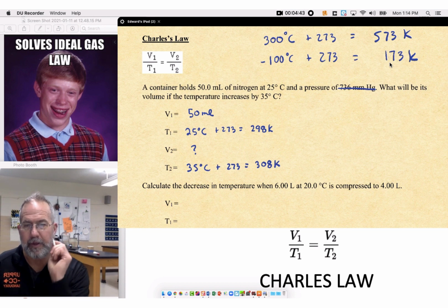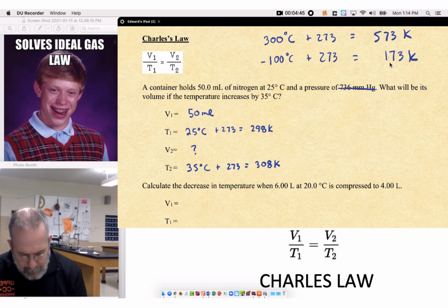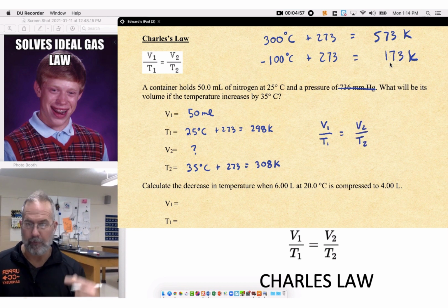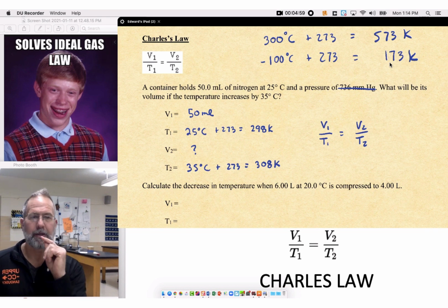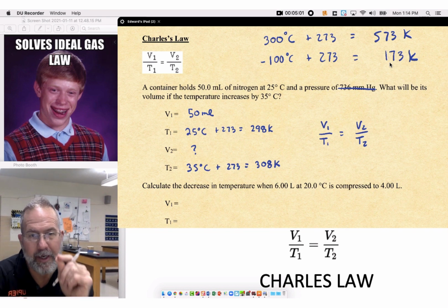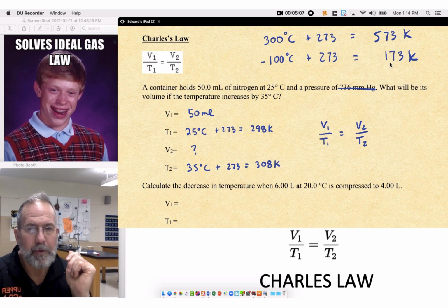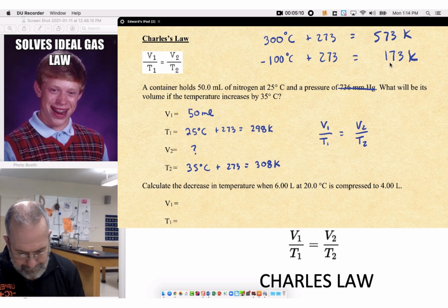Now, the formula is not the same as Boyle's law, right? This is going to be a direct relationship. So we have V1 over T1 equals V2 over T2. We're going to use the same idea as we did before when we want to isolate the unknown. We're trying to find V2.